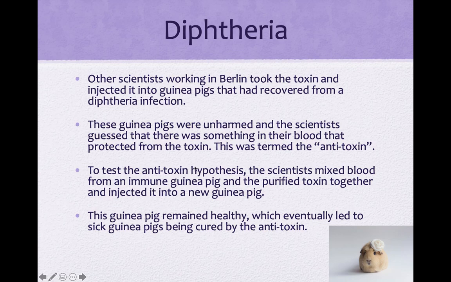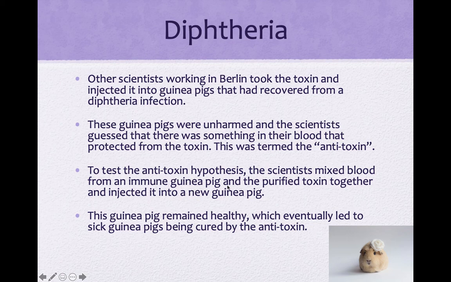So to figure out what was going on, to see if they had this idea right, what they did was they took some blood from a guinea pig that had recovered from a diphtheria infection. And then they took some pure diphtheria toxin and they mixed them together inside of a syringe and they shook it up. The toxin inside of the diphtheria syringe was neutralized by the antitoxin inside of that guinea pig's blood.